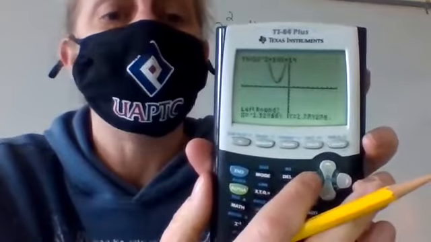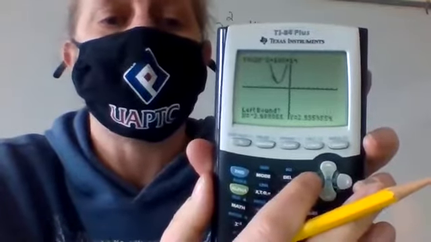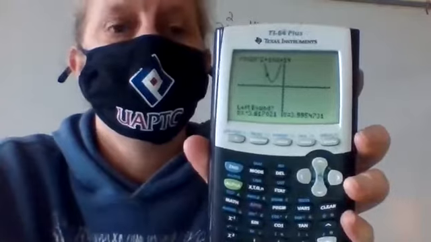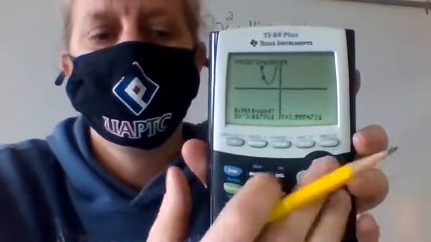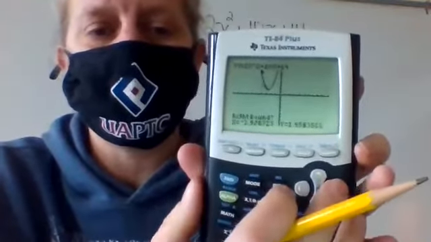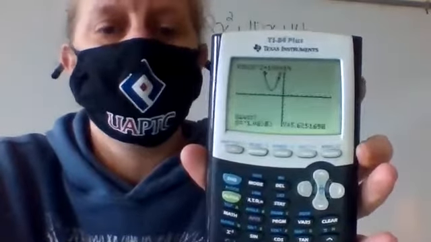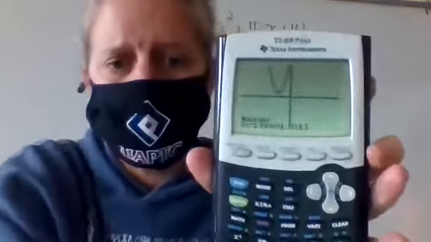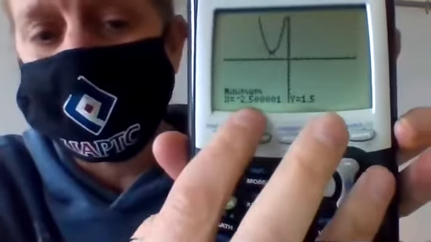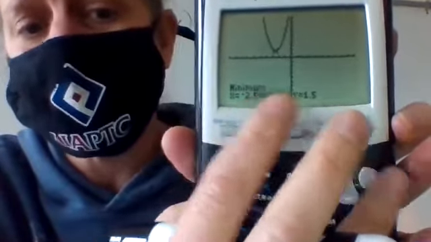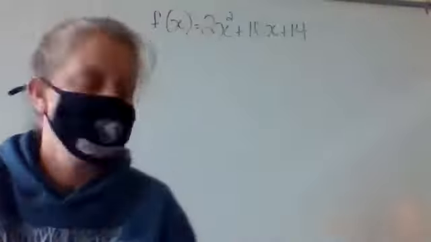Move it over to the left side of the vertex, anywhere. Hit enter. Hit your right button to get it back over to the right, anywhere. Hit enter twice. So your vertex for this one, oh, I'm glad this came up, is at negative 2.5, 1.5.